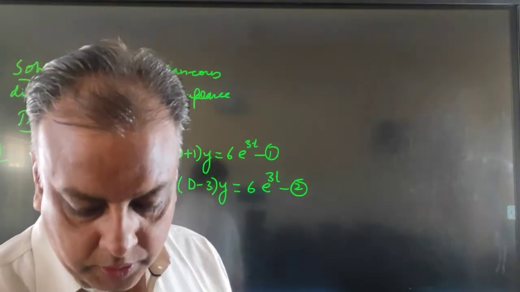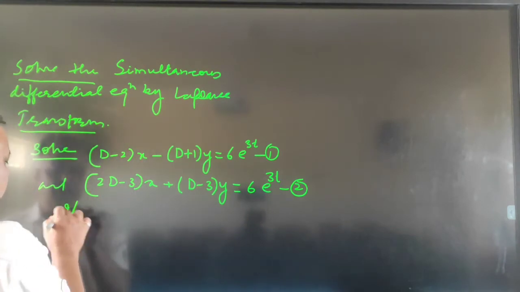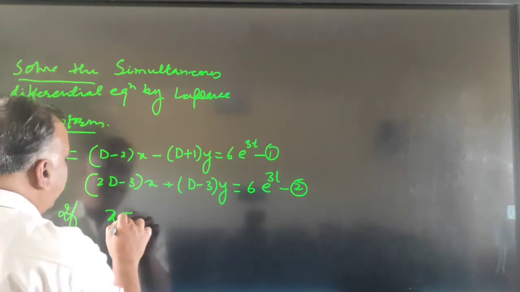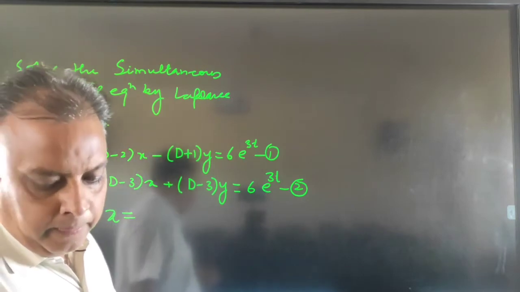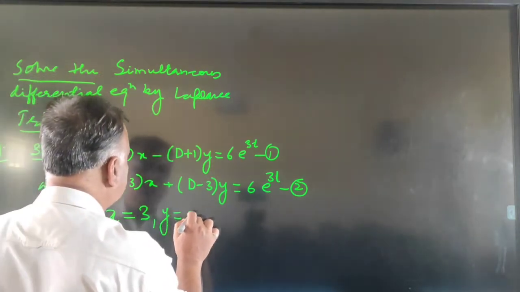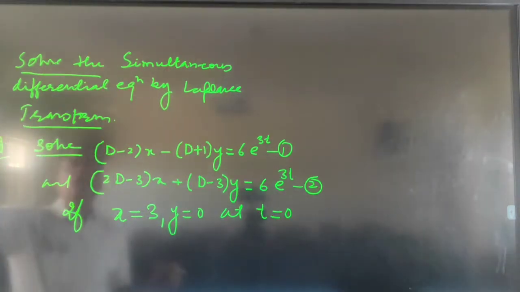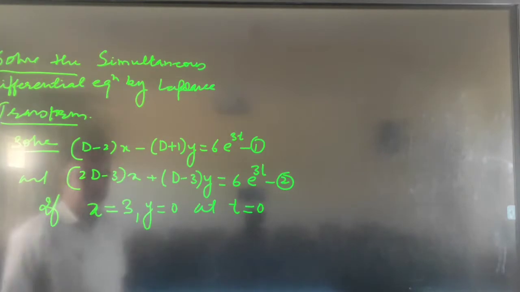The initial conditions given to us are x = 3 and y = 0 at t = 0.